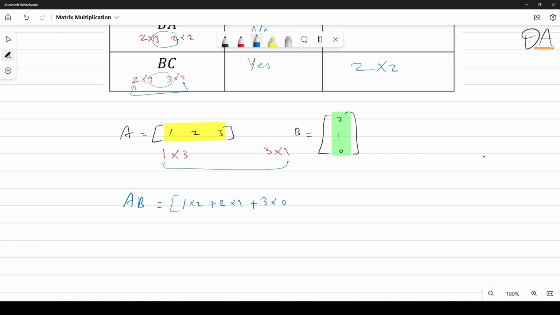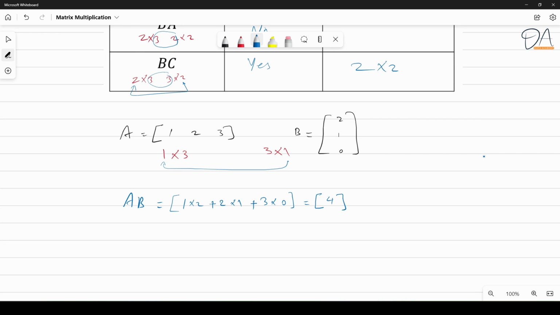So we are taking each element, multiplying it with the corresponding element in the column, and adding. 1 times 2 is 2, plus 2 times 1, that's another 2. These two terms give us 4. 3 times 0 is 0. So we end up with 4. This is the result of multiplying the row matrix and the column matrix.